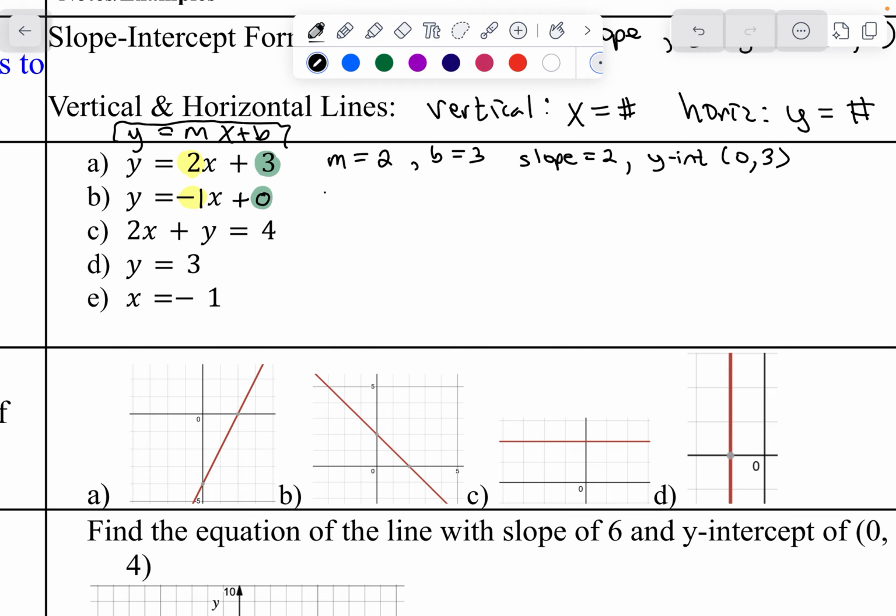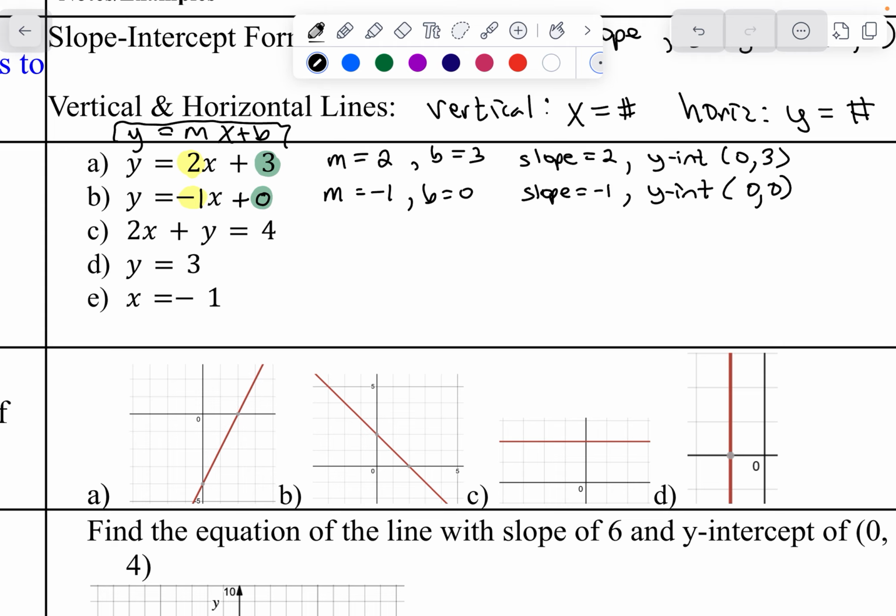So let's pull those values out. So m is negative 1, b is 0. So then let's write it out. So the slope is negative 1. The y-intercept I want as that point. It is the point (0, 0). So this graph goes through the origin and has a slope of negative 1.